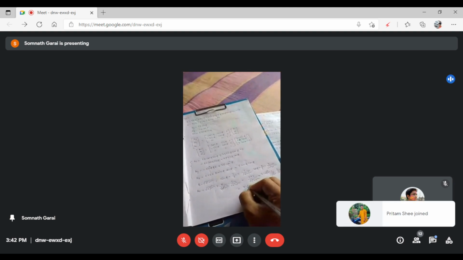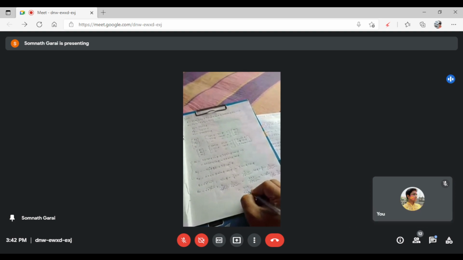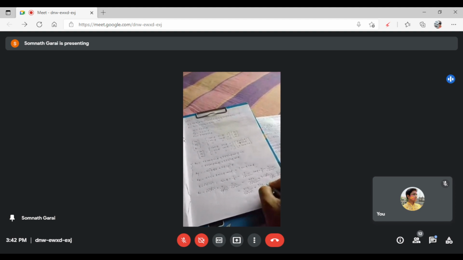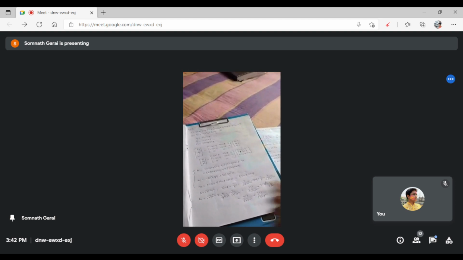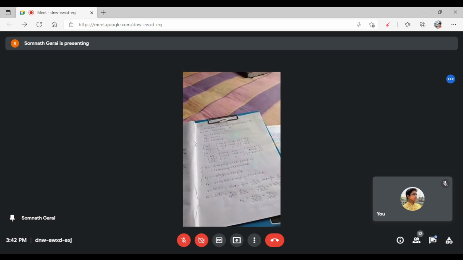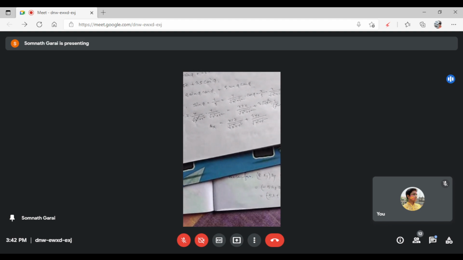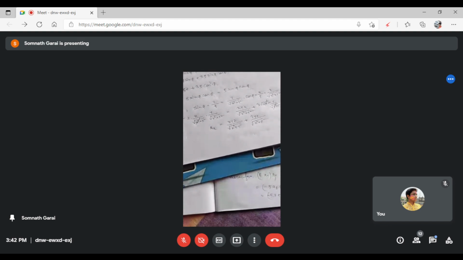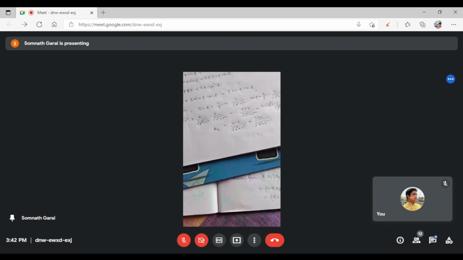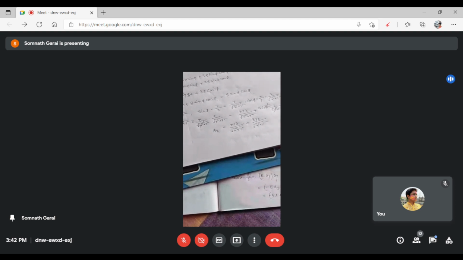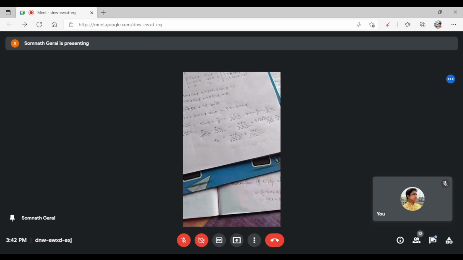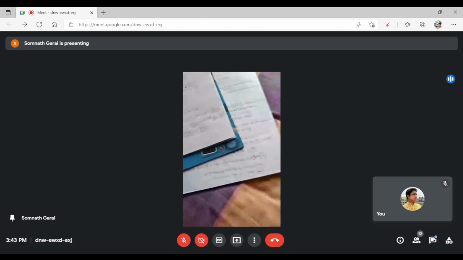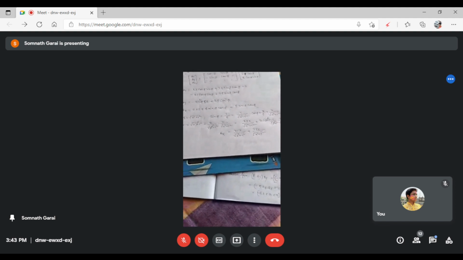So xyz by root over x square plus y square plus 3yx divided by root over x square plus y square. So that is the component of x. Got my point? Clear to all? That is the component of ax.